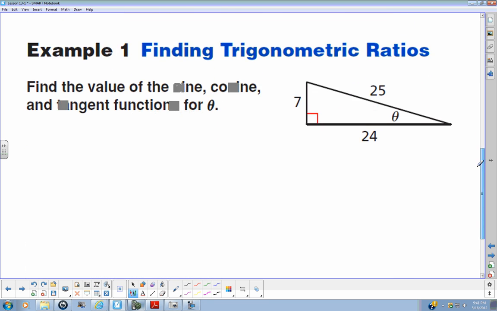Here they want us to find sine, cosine, and tangent for this right triangle. So it'll be sine of theta, and you've always got to put that theta there. Too often students want to just put sin.